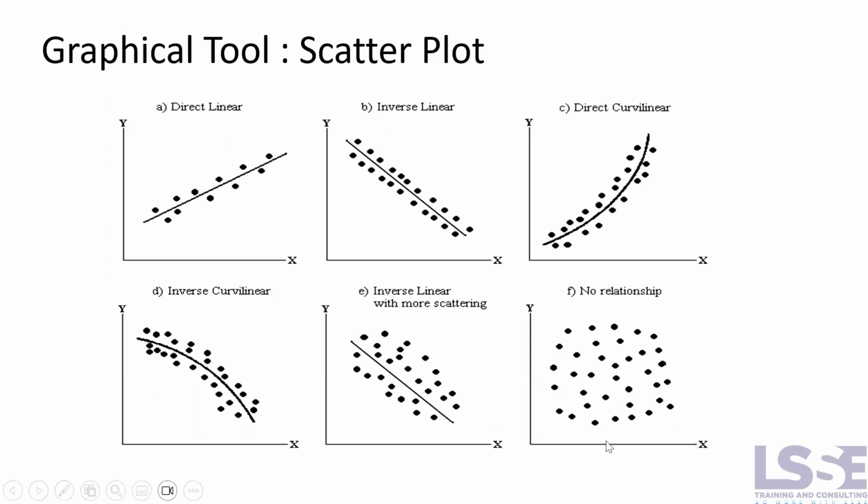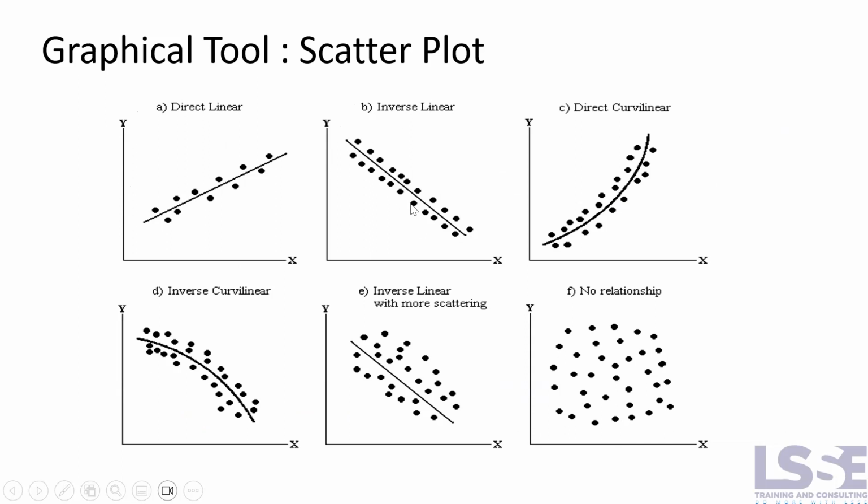So here are some possible relationships of data that you might have. It could be a direct linear, which means the higher the x, the higher the y as well. It could be what we call inverse linear, which means the higher the x, the lower the y.